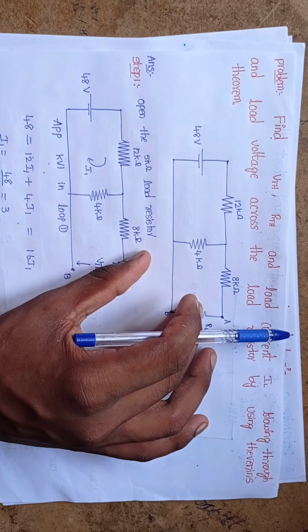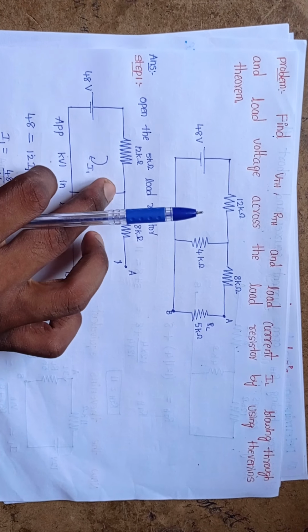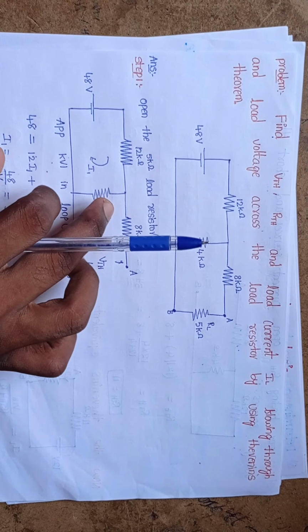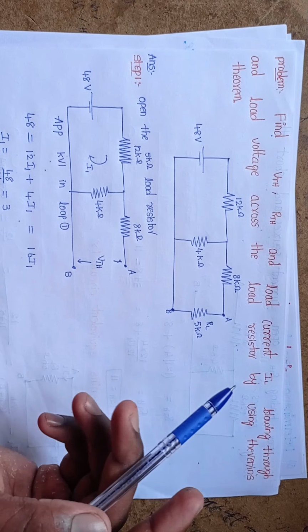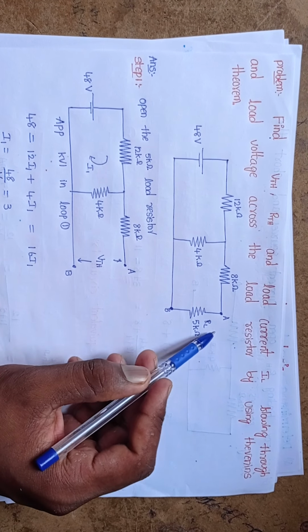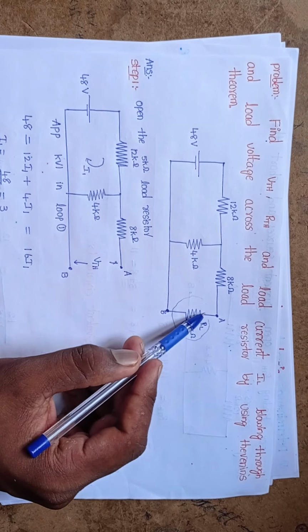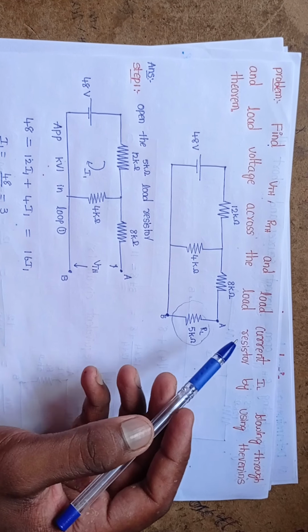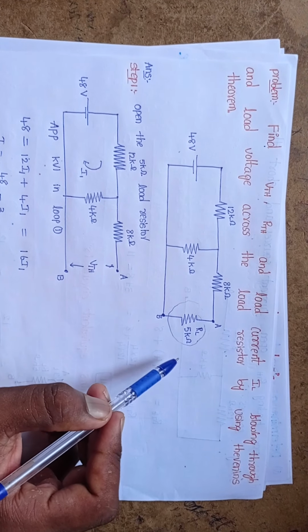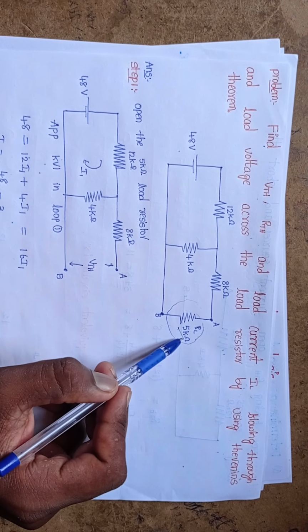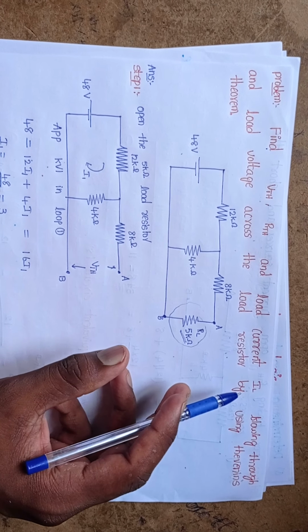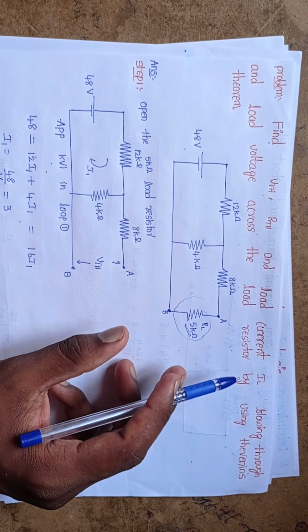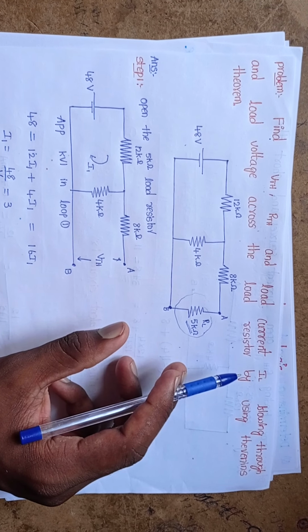This is the circuit. In the first step we know what we have to do: we have to open the load. This is the load, these are the normal resistances, and this is the source. We open this load resistance and find the Thevenin's voltage across the load terminals.